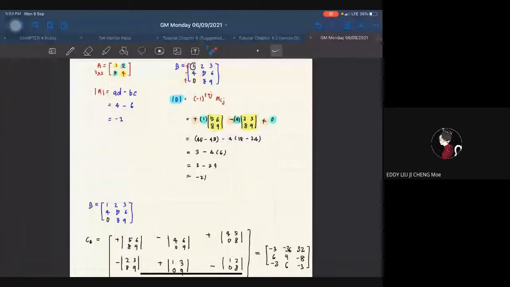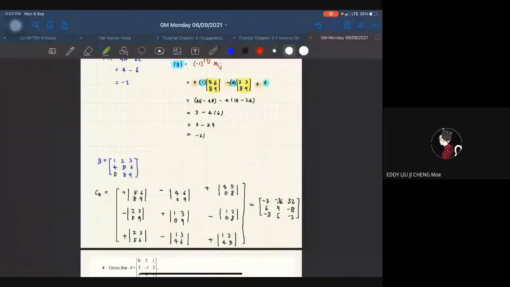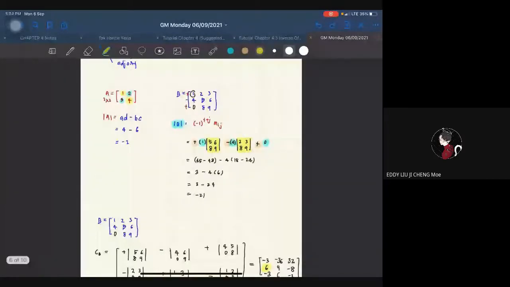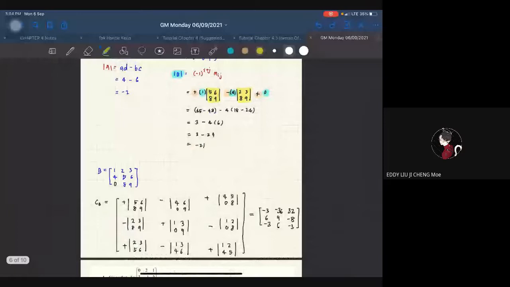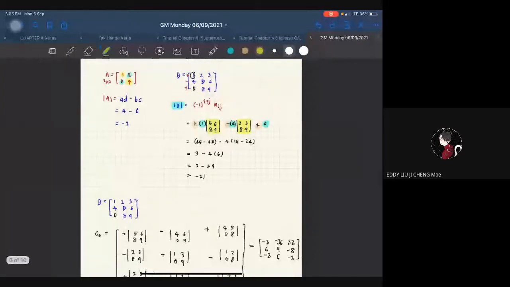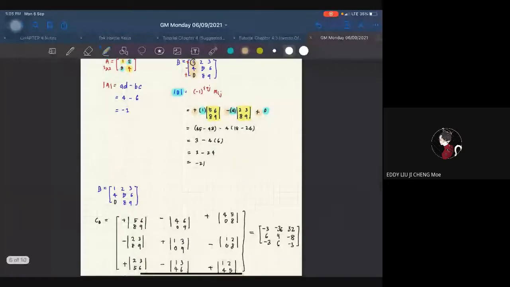Okay, so awak boleh dapatkan awak punya determinant. Okay, so fokus kita dekat sini. Awak tengok dekat sini dengan dekat sini. Okay, so ini adalah nilai cofactor yang awak dapat dekat kolom yang pertama.